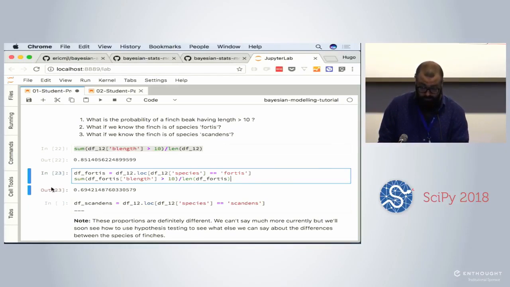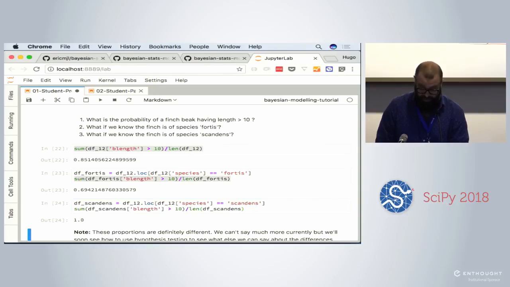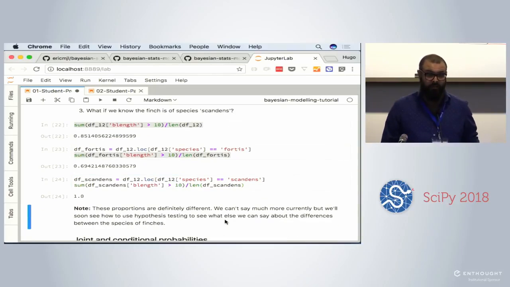And now let's do the same for Scandens. What would you expect Scandens to be, higher or lower than Fortis? Yeah, great. That's really good. The alternative is scary. Okay, so let's have a look at that. Wow, okay, so now we see with Scandens that every bird had a beak length of greater than 10, okay?